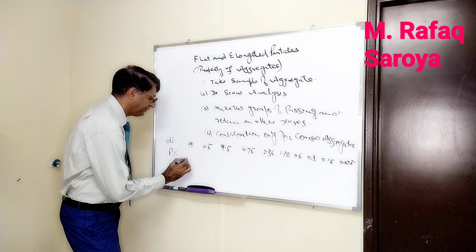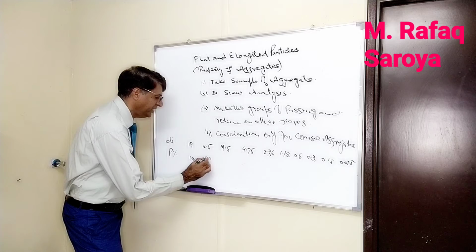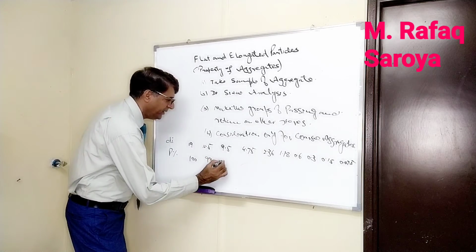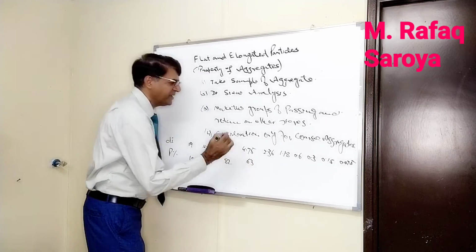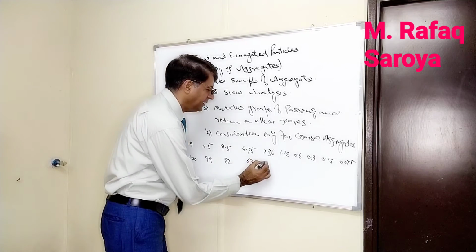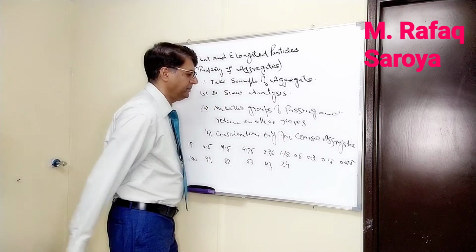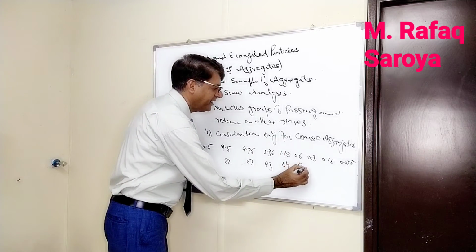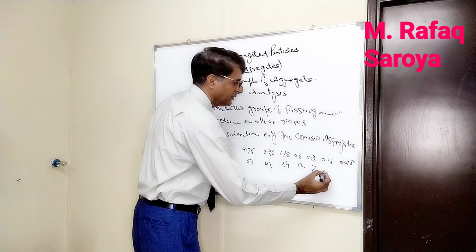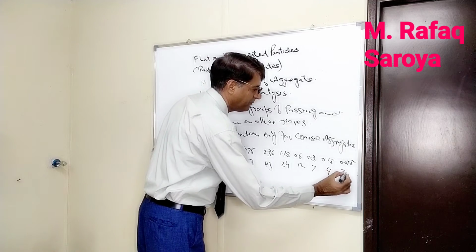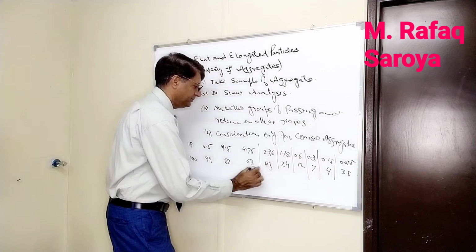Here I assume that 100% is passing, 99% material is passing, here 82% material is passing, 63% material is passing, 43% material is passing, 24% material is passing, 12% is passing, 7% is passing, 4% is passing, and 3.5% is passing. So I have just written estimated values.